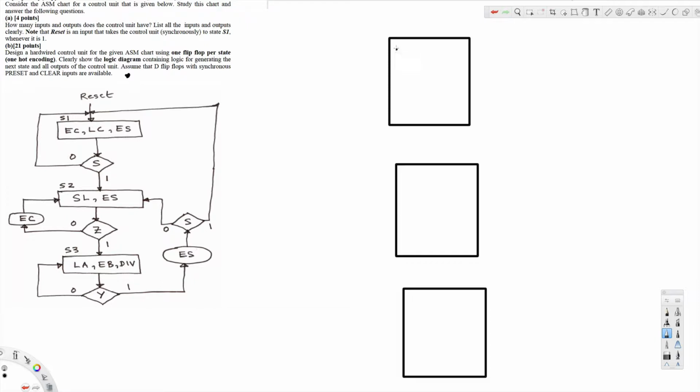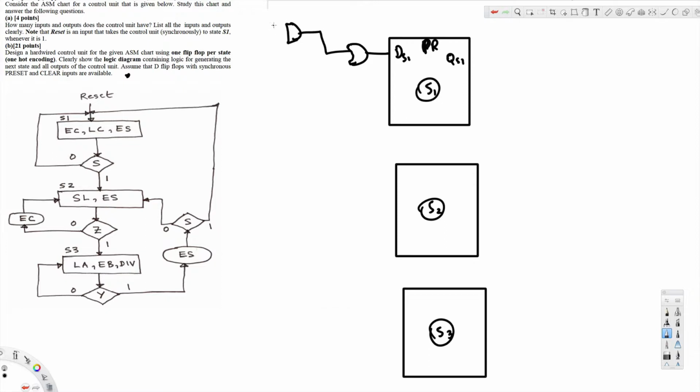Okay, this is DS1, preset, and QS1. This is S1 and this one is S2 and then S3, this one connected to an OR gate, this one connected to an OR gate, and here we will have an AND gate connected to this.